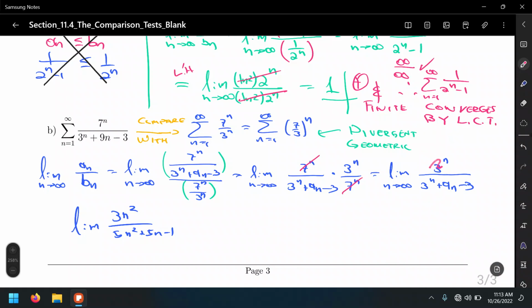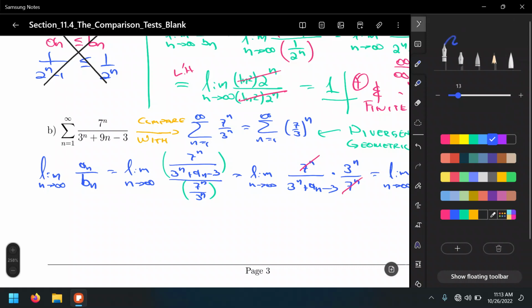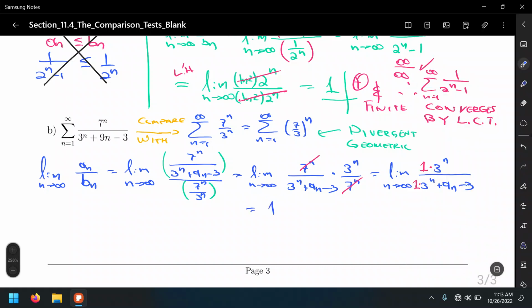This 3 to the n has an invisible 1 multiplying in the front, and so does the 1 in the denominator. So if we go with the ratio of the leading coefficients, ultimately the leading terms of the numerator and denominator are these exponentials, so we can just take the ratio of the leading coefficients, which in this case is simply 1. It's valid.